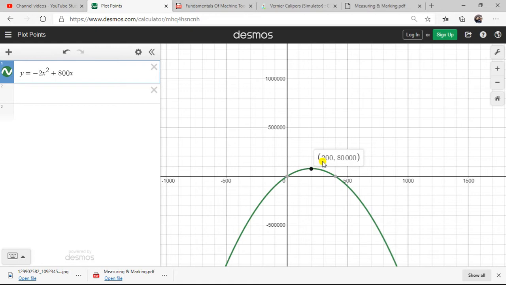So x is 200 and our y is 80,000. The points below this have a smaller area for our rectangle. So this is the maximum area that we can attain, that is 80,000.